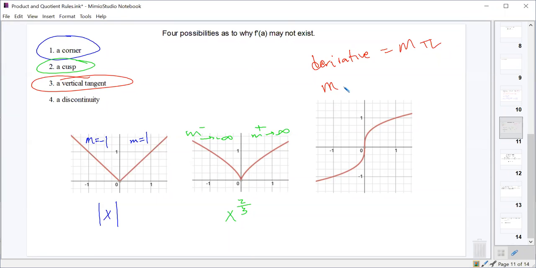And what's the slope of something that's vertical? Infinity, right, infinity, or does not exist. We also just sometimes say that it's undefined, right? That's an undefined slope. And so if the slope is vertical, then that means that slope is undefined, and the slope of the tangent line, which is the derivative, must also be undefined. Does that make sense?